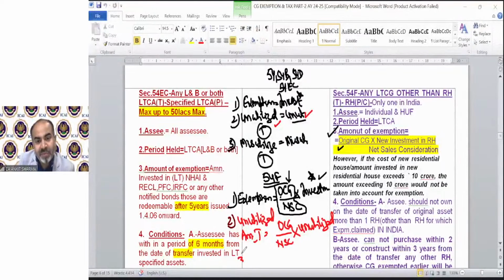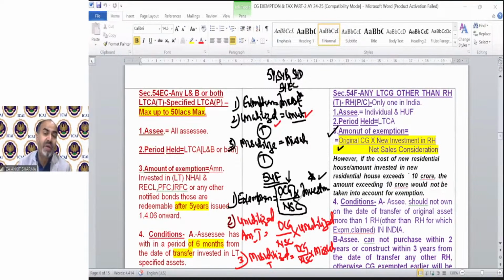In the same way, for the misutilized amount taxable, the provision says original capital gain upon net sale consideration into the misutilized amount. So the same proportionate value needs to be multiplied. When you need to find the exemption, multiply it with the investment value.